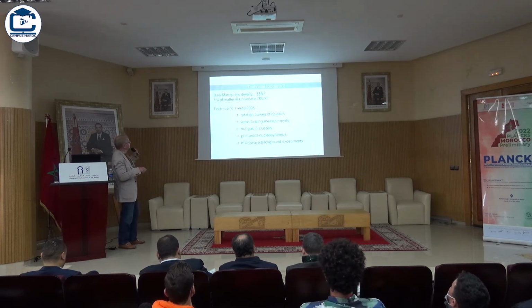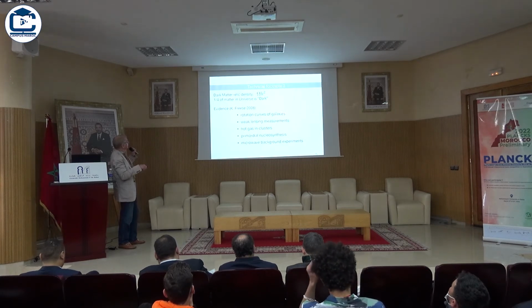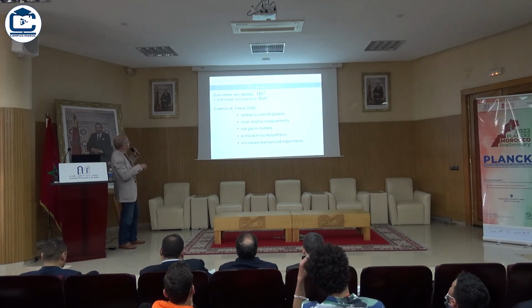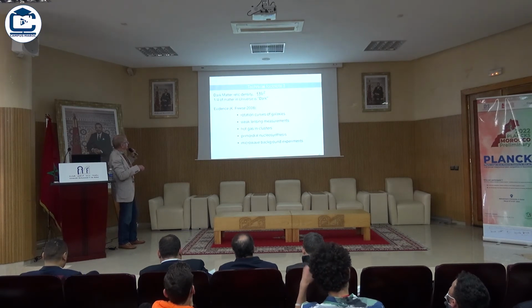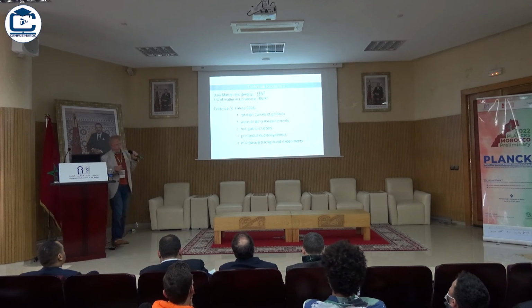The traditional one is the rotation curves of galaxies, which showed that more matter was present than what we see, and this evidence has been supported also by weak lensing measurements, hot gas in clusters, primordial nucleosynthesis, and the microwave background experiments.